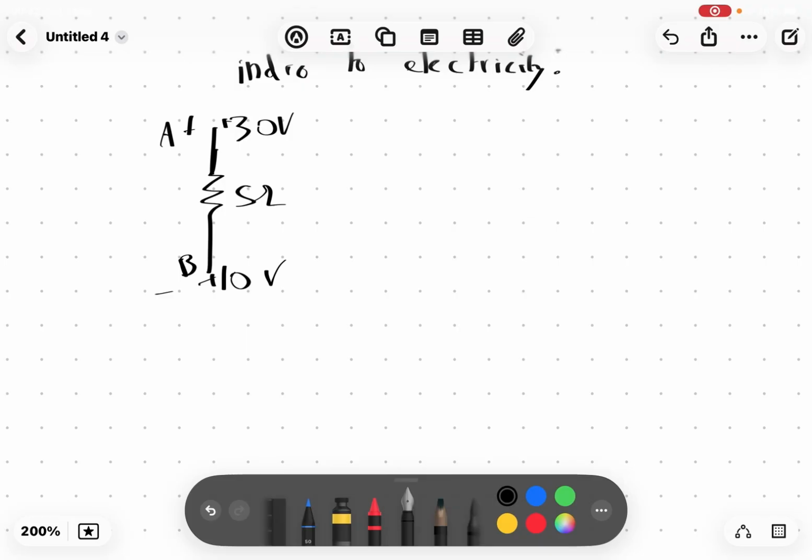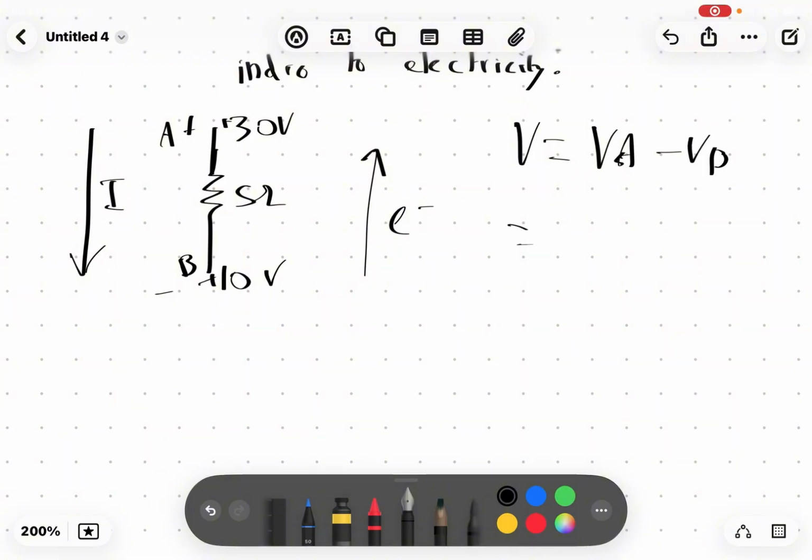Current goes down and electrons go up, because they're negatively charged, so they go negative to positive, and it's the opposite for current. The voltage equals VA take away VB, which is 30 take away 10, which equals 20 volts. So the resistor has 20 volts.